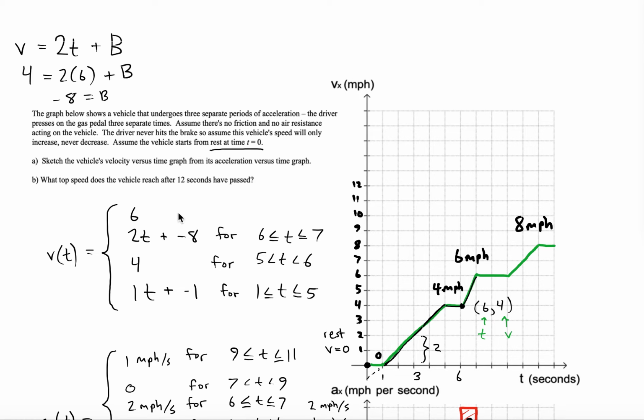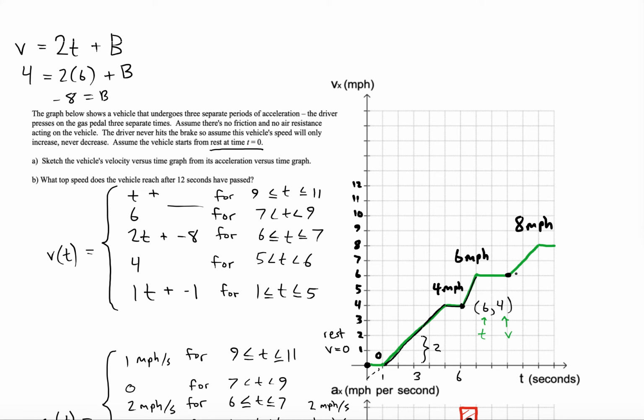Then it's going to hold a value of 6. And finally, we'll have t plus a certain constant from 9 to 11.